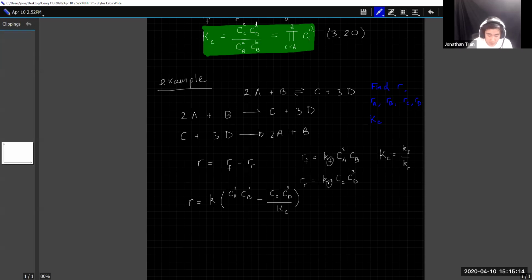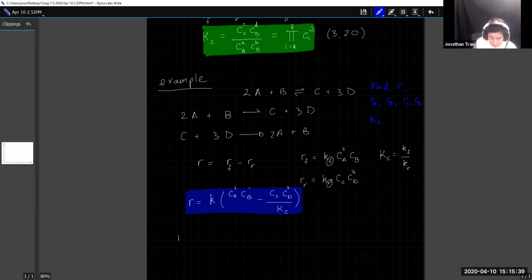Okay, so relatively quickly, we can come up with a rate law for the reverse reaction here. And from the previous equation, we can also determine the individual rate laws for individual species A, B, C, and D rather easily.